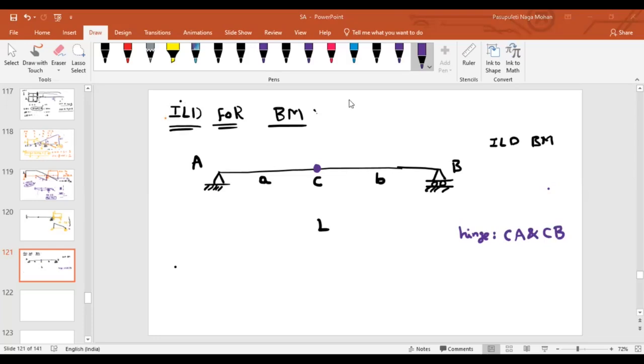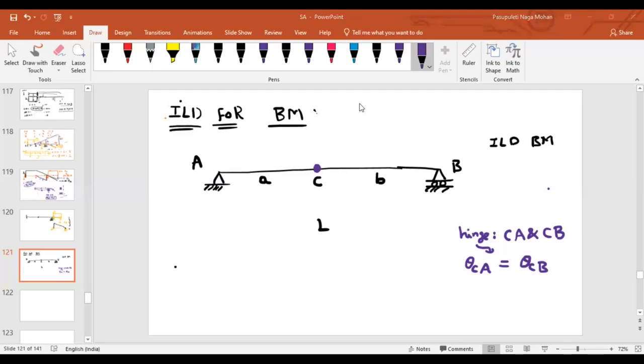As I'm placing a hinge there, can I say slope of CA is equal to slope of CB? After placing the hinge at C, can I say that the slope of connected members will be the same? Yes, sir.